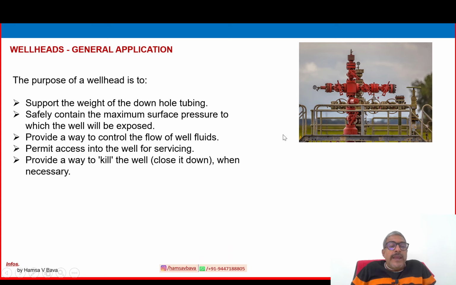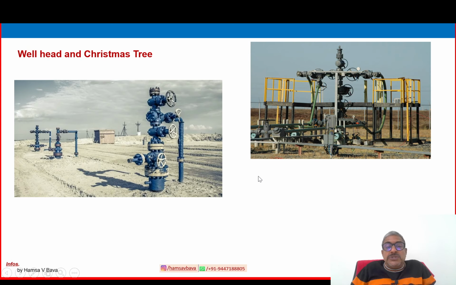It also provides a way to kill the well or close it when it is economically not viable after long service. So we have to close the well, and we can do that through the wellhead or Christmas tree.